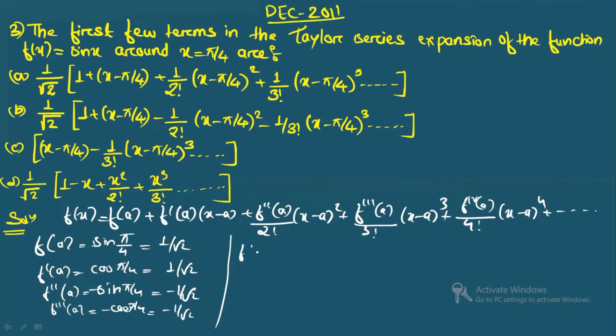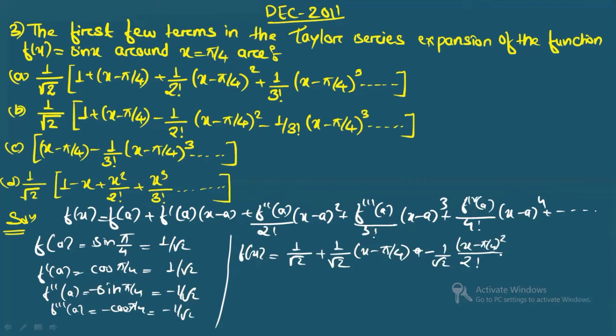So you will get the Taylor series expansion to be: here f of a is 1 by root 2, f prime a is 1 by root 2, and you will have x minus pi by 4. Plus f double prime is again minus 1 by root 2, here you will have factorial 2, x minus pi by 4 whole square.